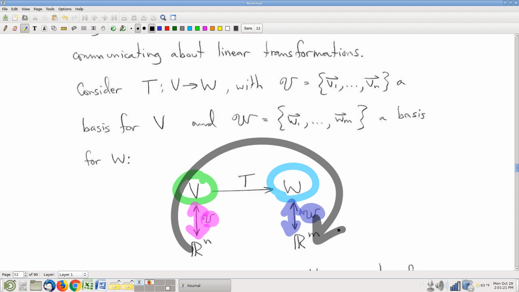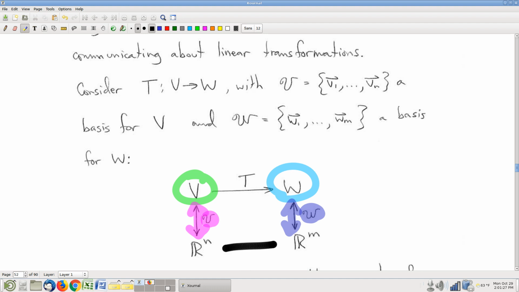Compositions of linear transformations are linear transformations. So what I have here then is, in fact, a linear transformation from Rn to Rm. And the very first theorem that we proved, first page of section 5.3, first thing that we did on Friday, in fact, was we proved that if you have a linear transformation from Rn to Rm, you can represent that with a matrix.